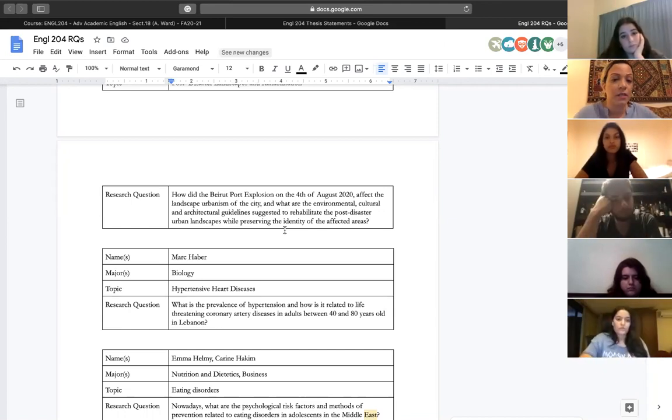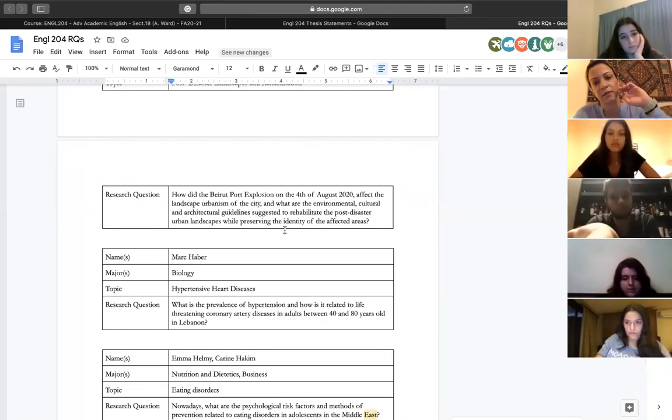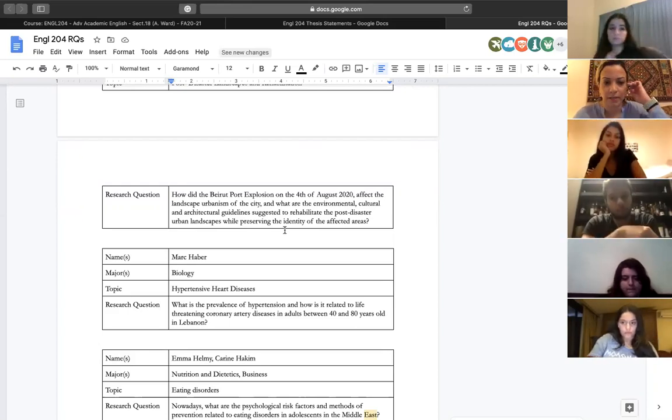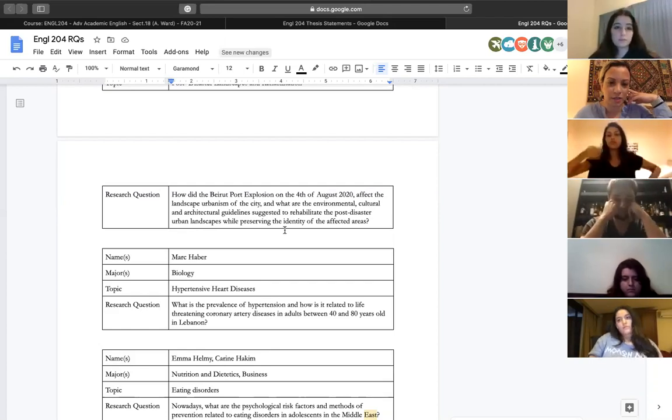I know that this is part of your senior study. So it's how did the explosion affect it, and how is it going to be rehabilitated? It's going to be a huge project. Huge. Like you can write a dissertation on this.